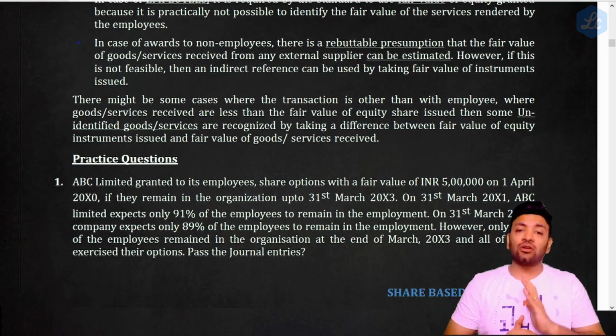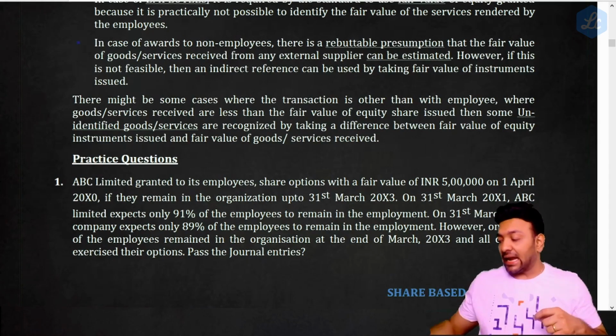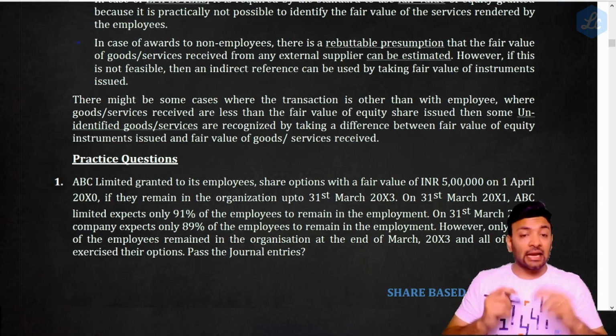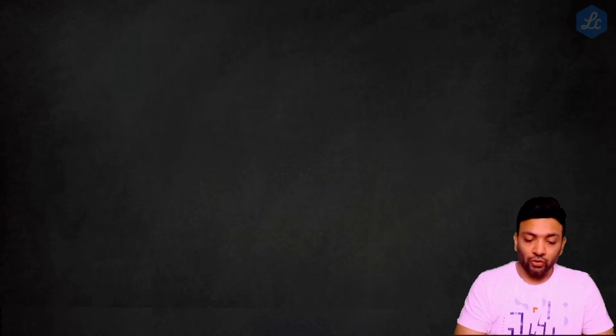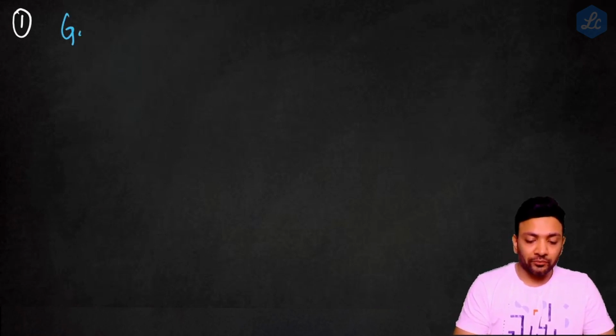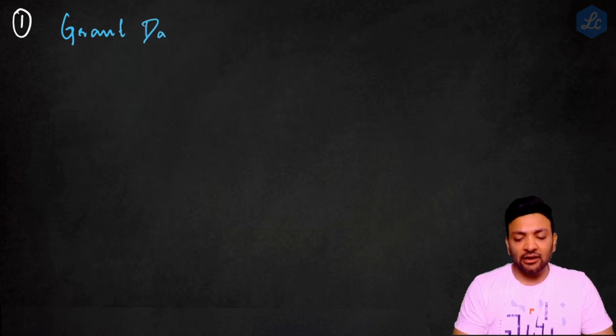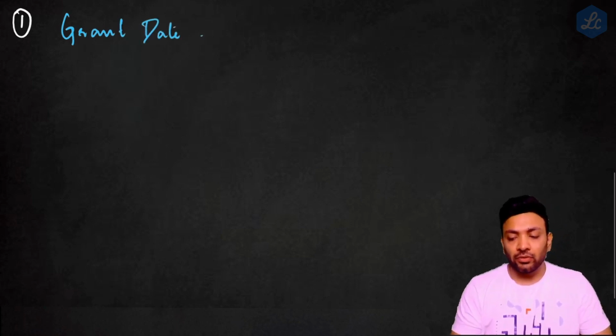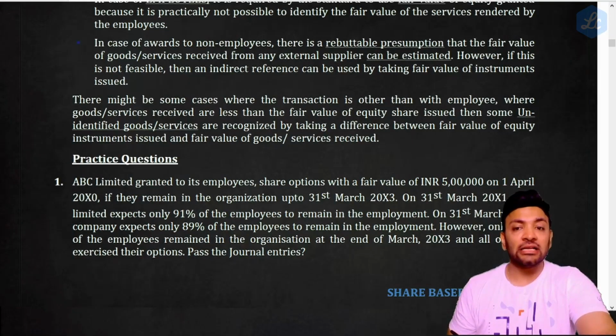Now, carefully look at the question. What is he talking about? First of all, I need to identify the grant date. Look at the question and keep placing the numbers. Question number 1. I'll first start with the grant date. What is the date of grant? The grant date here in this question is 1st April 2010.